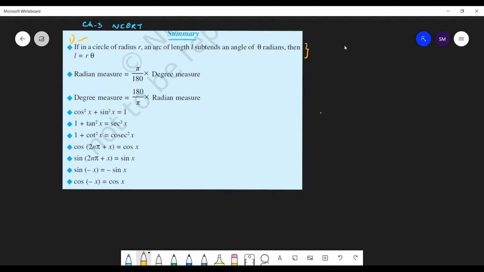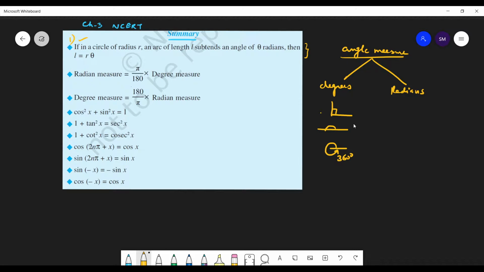So students, as I told you, now the angle measure: we measure the angle in degrees and radians. Degrees means we know that this is 90 degree, this is a straight angle, and this is 360 degree, one revolution, this 180 degree, 90 degree.